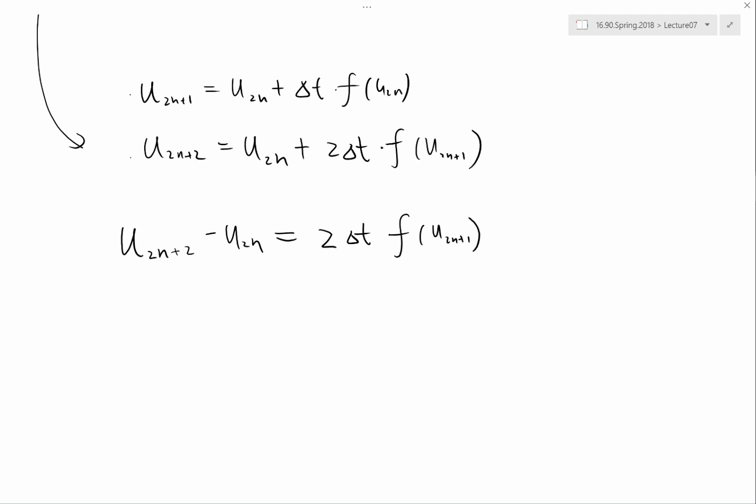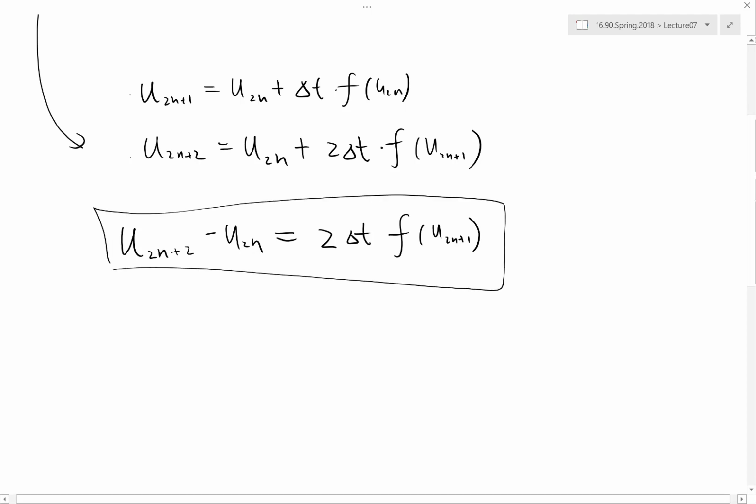Okay, so that's the numerical formula. But is this the right way to do accuracy analysis? What's the right way to do accuracy analysis? Taylor series, but how do I start? Expand u of 2n plus 2.